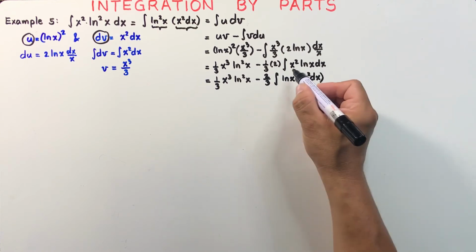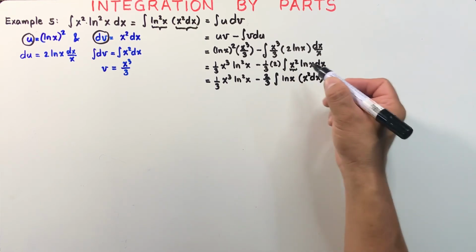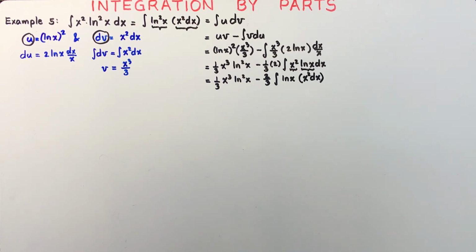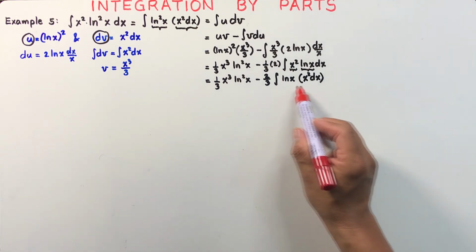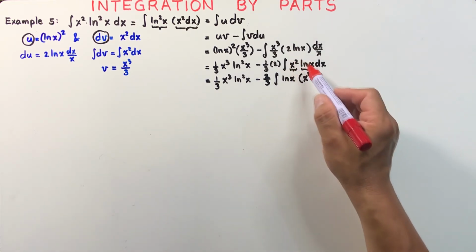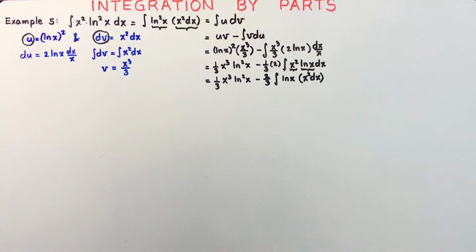If we switch the position of x squared and this ln x, because we need to pick again another u and dv when we apply for the second time our integration by parts technique. And this is because we cannot easily integrate this one, because this is a product of still an algebraic function and a logarithmic function.